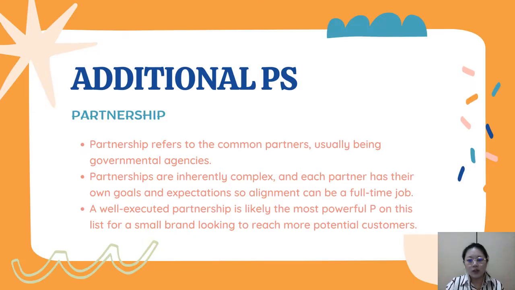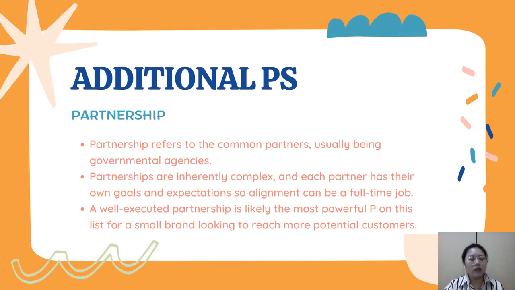And the last P in the additional Ps is partnership. Partnership refers to common partners, usually a governmental agency, where the packages are jointly marketed. The managers and partners will have to modify the price of each product to become more attractive and therefore be able to sell well.